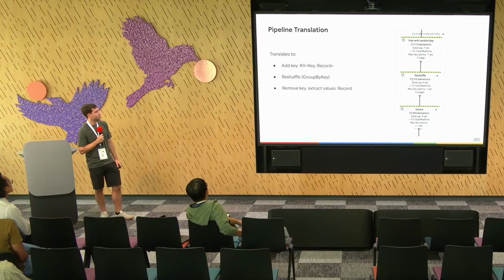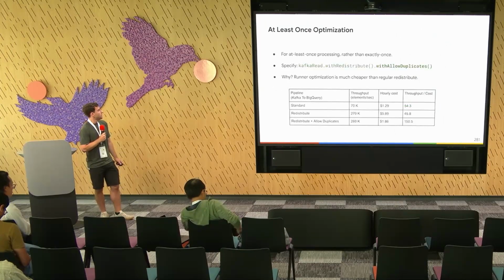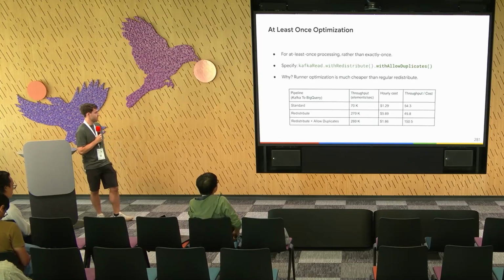Redistribute is really simple. It's just adding a key, shuffling, and then removing that key when you do your downstream processing. For at least once, you can allow duplicates. This makes it cheaper to shuffle data because we don't have to persist as much in the back end.